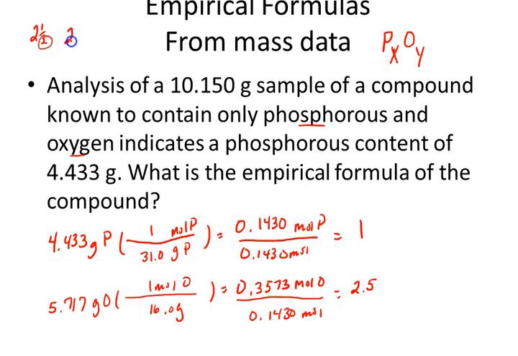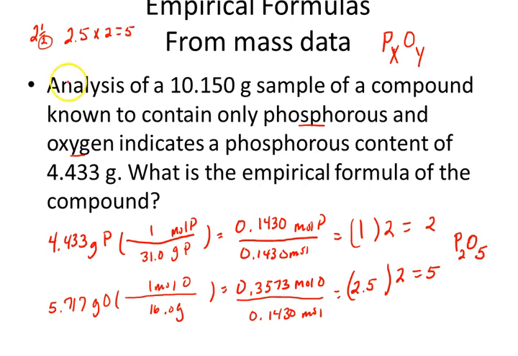So with 2.5, the denominator is 2, and 2 times 2.5 equals 5. So we multiply each of these by 2 to clear up this 1/2. 2 times 1 is 2, and 2 times 2.5 is 5. That is a simple whole number ratio, so we have P2O5.